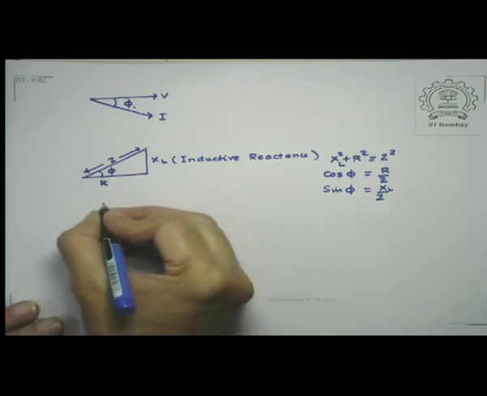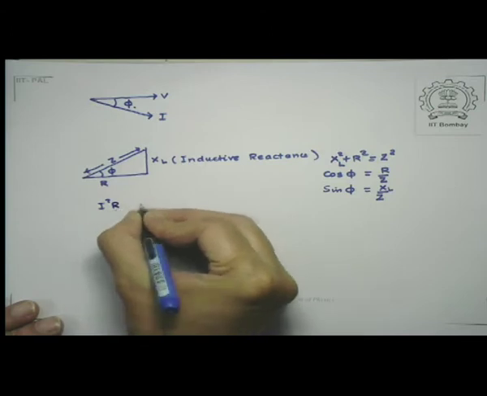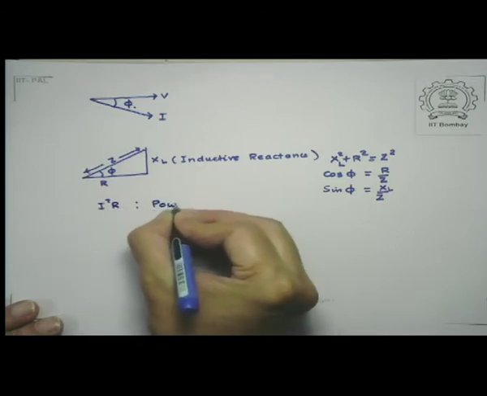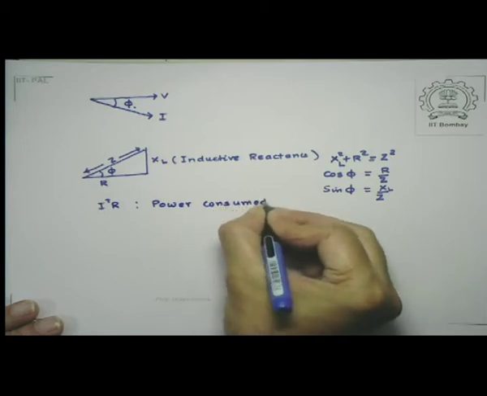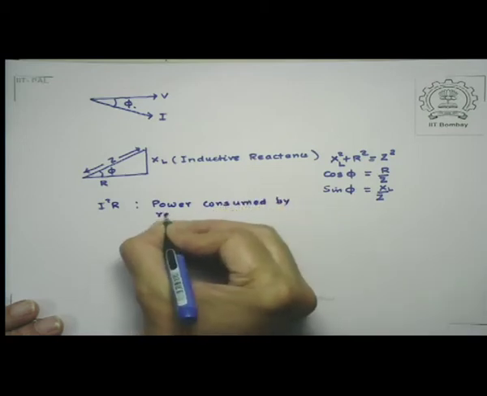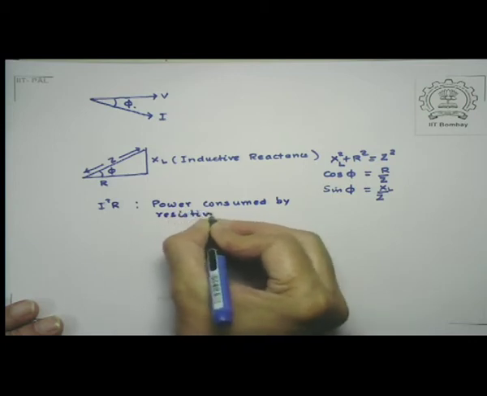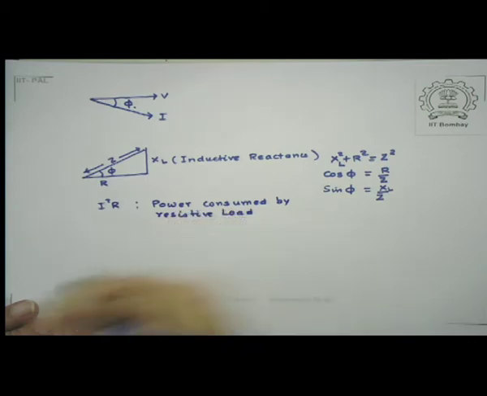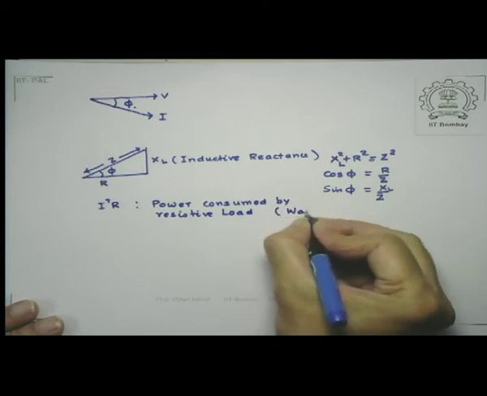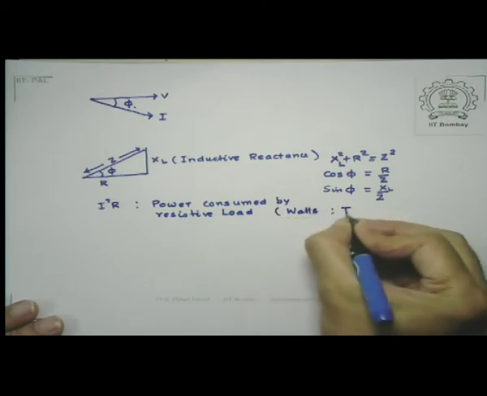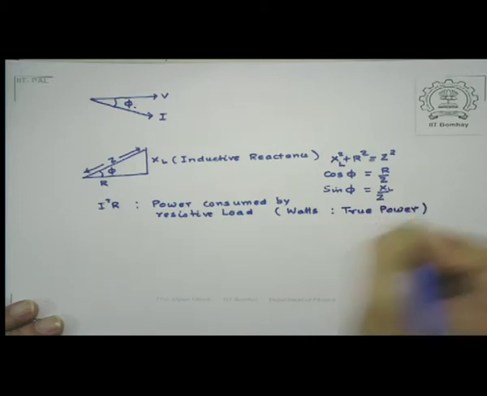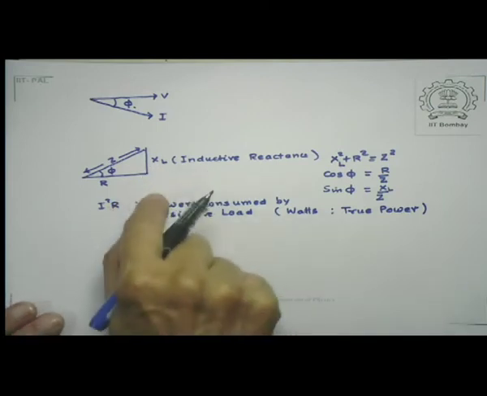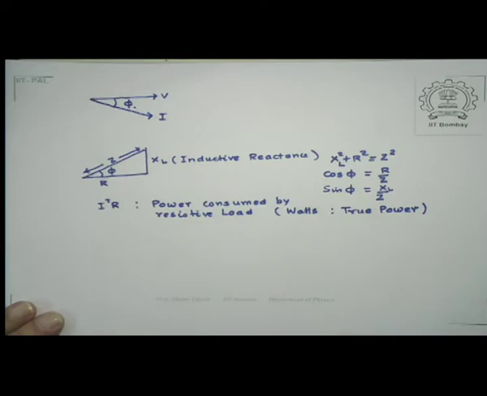So I square R is the power consumed by the resistive load, and this is measured in watts. This is called true power. Correspondingly, I have an I square XL and I square Z.